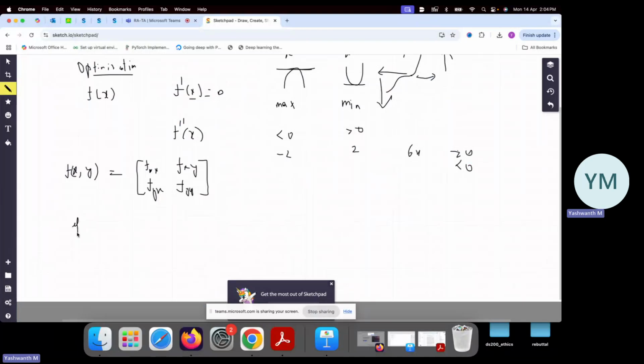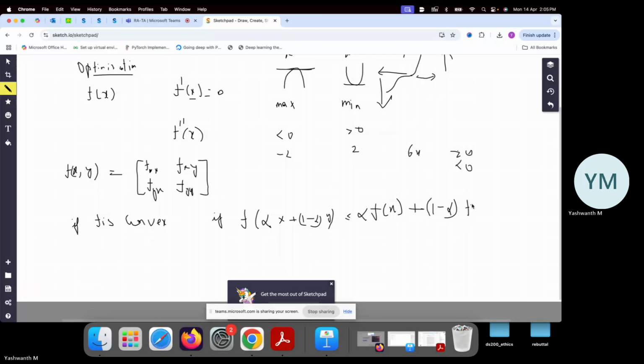Also, if f is convex, so the function is convex if it satisfies the following: f of alpha x plus (1 minus alpha) y is at most alpha f of x plus (1 minus alpha) f of y.